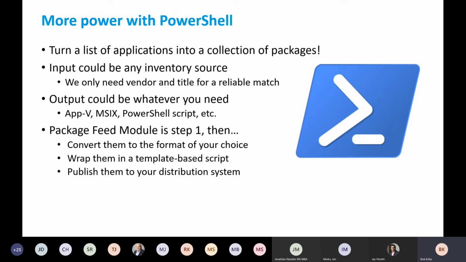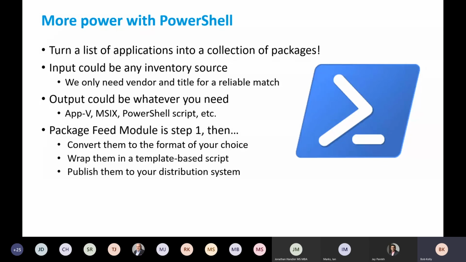And so what we've developed a proof of concept for is the ability to take a list of applications from, say, your SCCM inventory or some software asset management database you have. All we need is the vendor and the title, and we can automatically match those to things that are in that database.